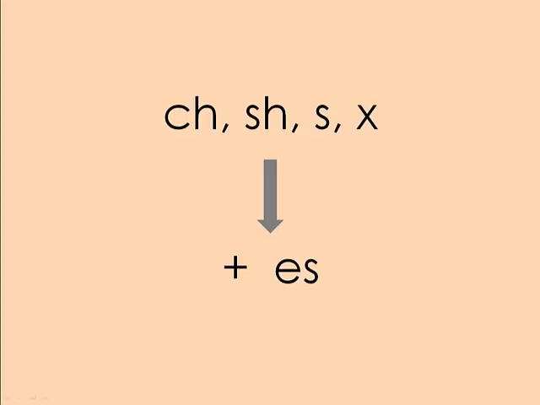We also talked about how if a noun ends with ch, sh, s, or x, we add es to the end. ch, sh, s, x.